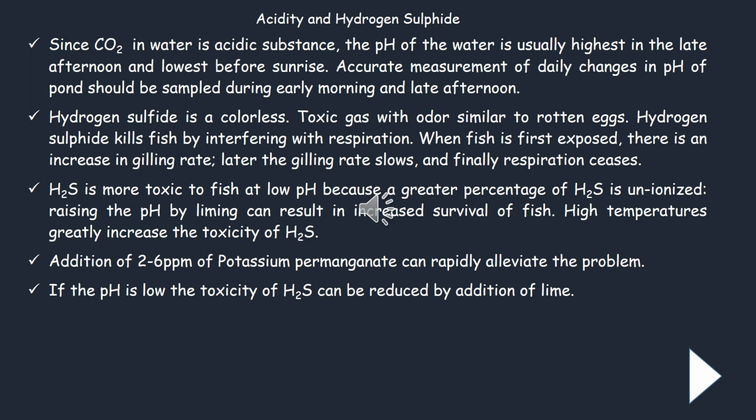Accurate measurement of daily changes in pH of a pond should be sampled during early morning, when the pH is low, acidic, and in late afternoon, when the pH is moving toward the alkaline death point of fish.